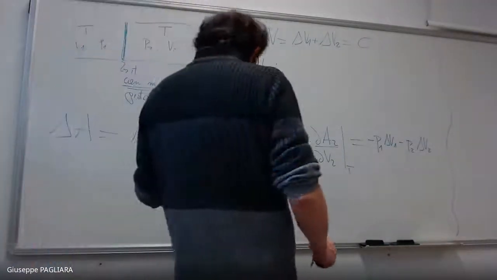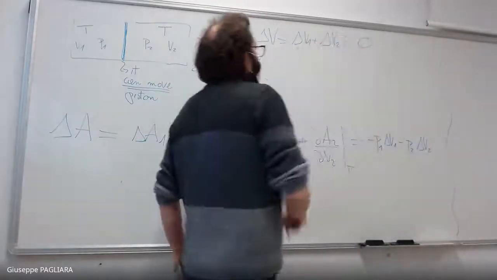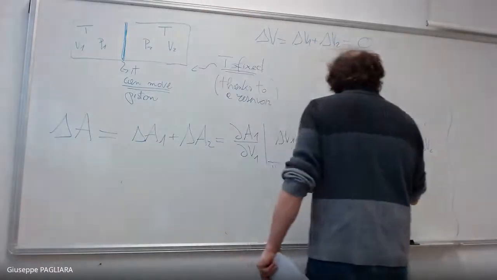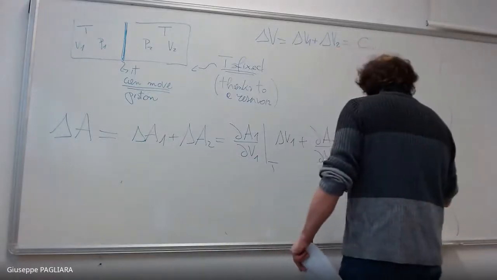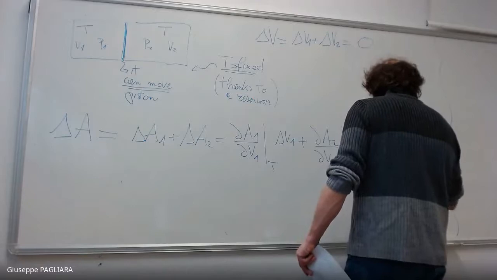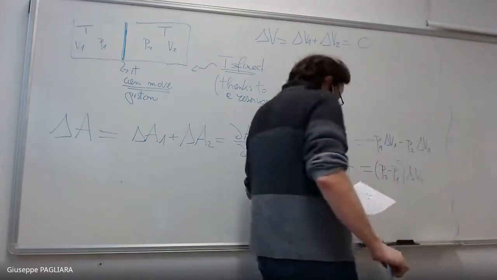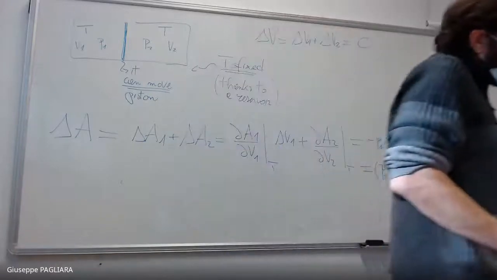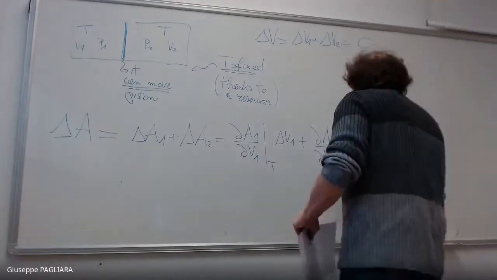But now, since the system is isolated, delta V2 is equal to minus delta V1, and therefore I can write this as P2 minus P1 times delta V1. Okay, let me see if this is correct. This is the 3, this is the 4, P2 minus P1 times delta V1.